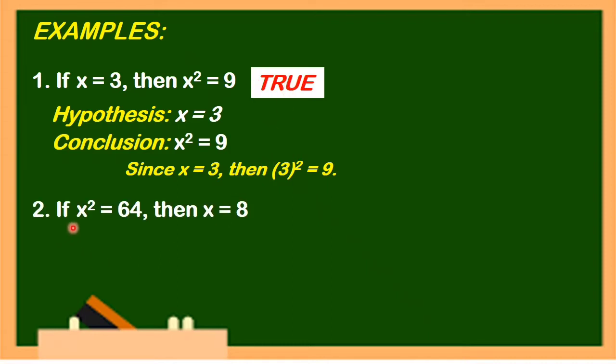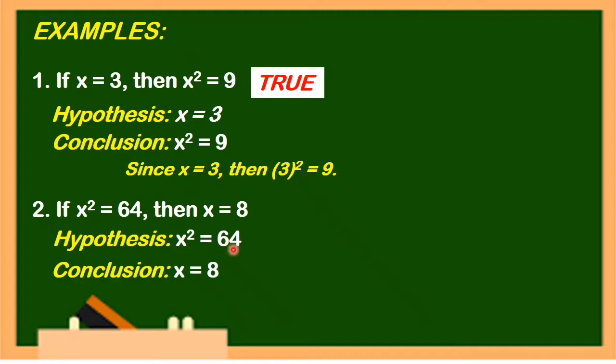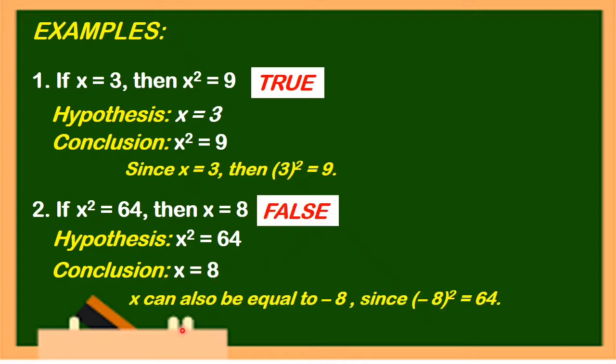For number 2, if x squared equals 64, then x equals 8. The hypothesis of this is x squared equals 64. Conclusion is x equals 8. This statement is false. Why? Because in your hypothesis, the x squared is 64.